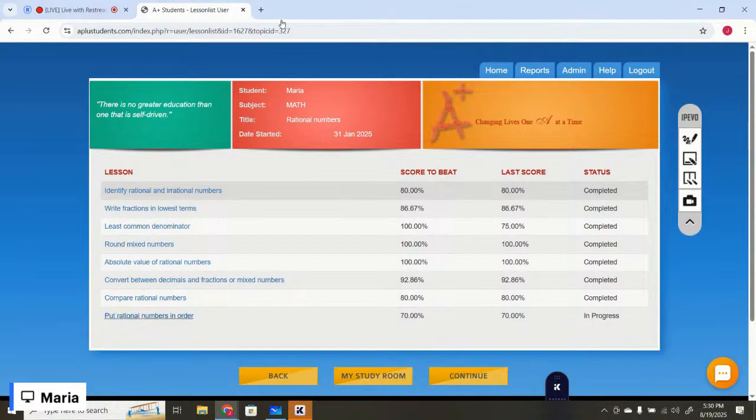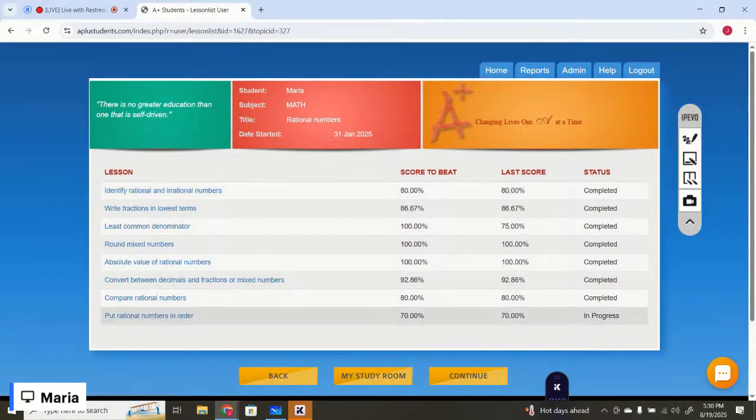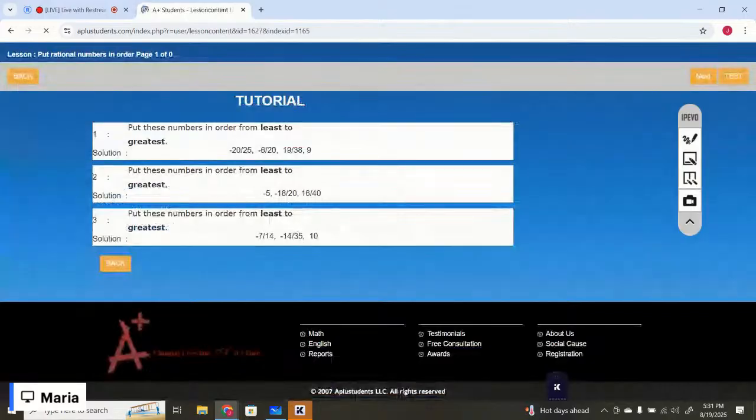The next lesson is put rational numbers in order. Put these numbers in order from greatest to least. So the negative numbers are always smaller than the positive numbers.